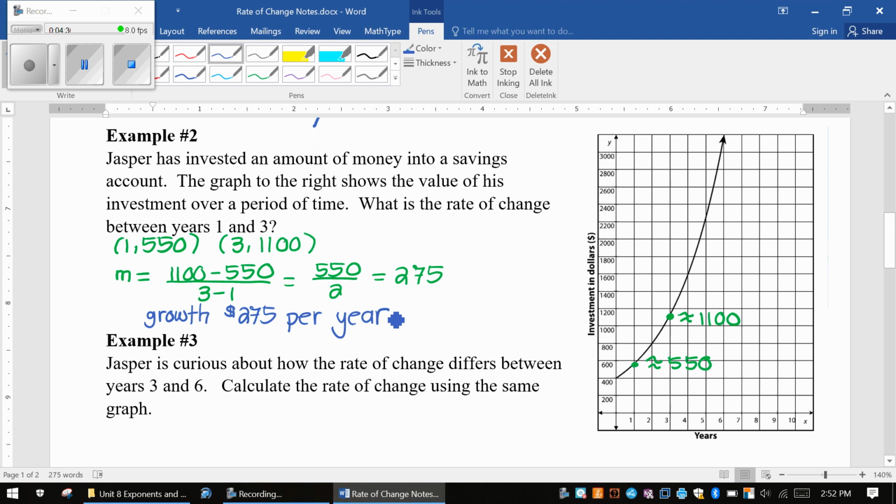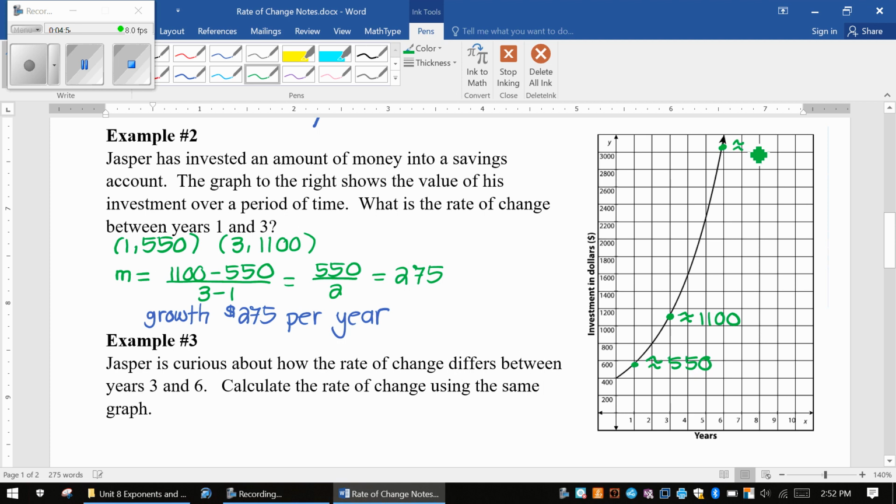Right, we're going to use the same graph for example number 3, only we're going to have a different interval this time. Jasper is curious about how the rate of change differs between years 3 and 6. Calculate the rate of change using the same graph. So now we need to look at year 6. So year 6 is up here.